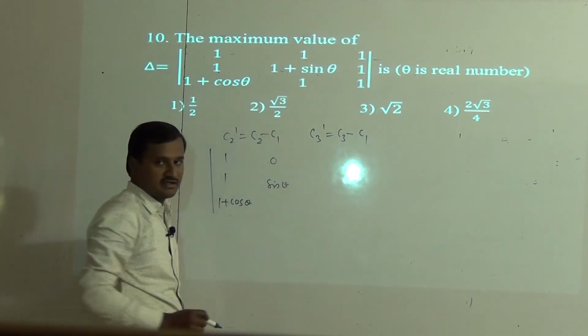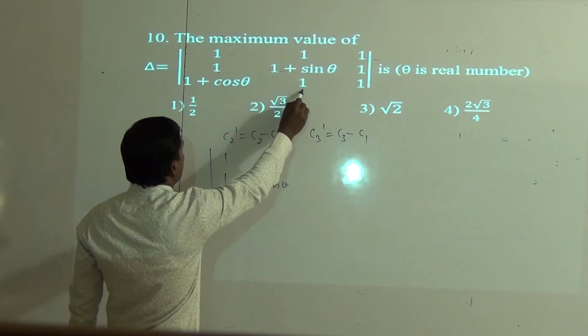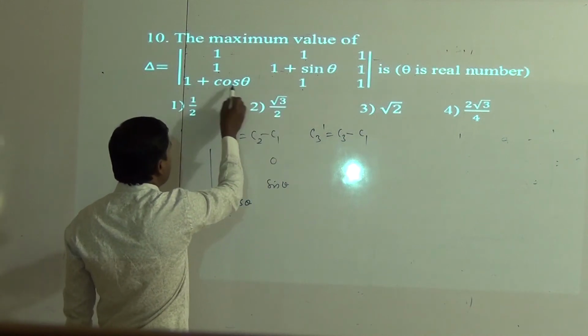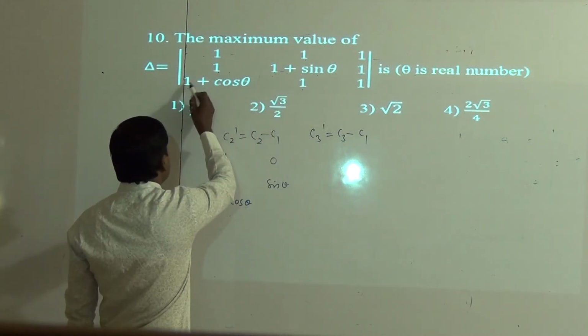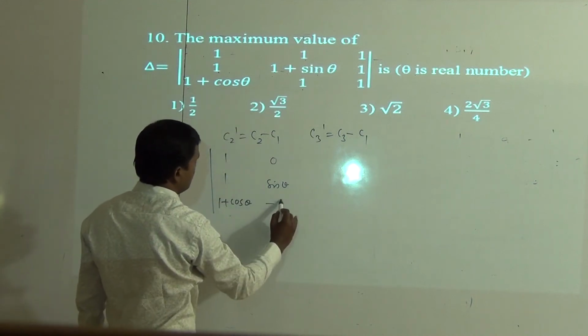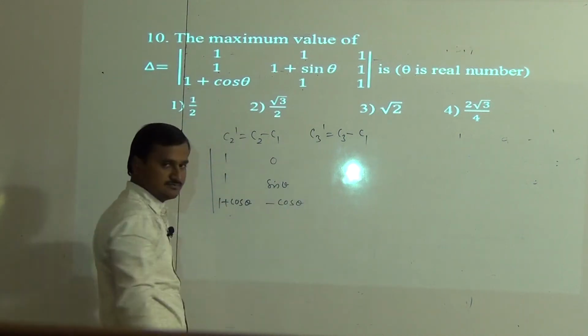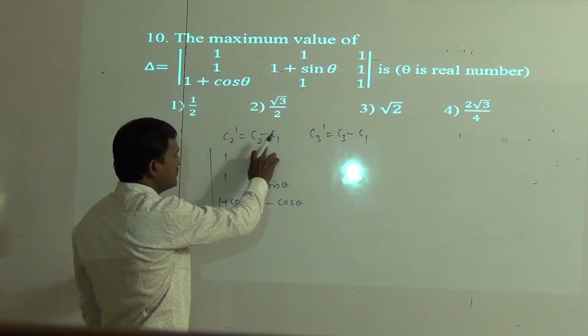Sin theta. Next, 1 minus 1 minus cos theta means minus 1 and plus 1 get cancelled, so clearly it is minus cos theta. Is it right? By applying this operation.